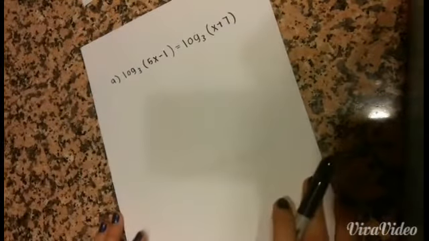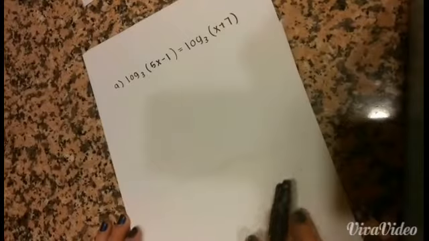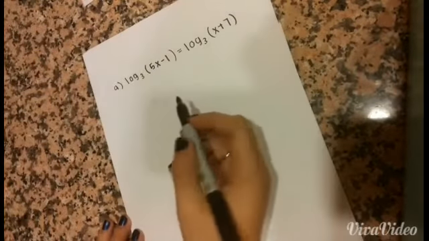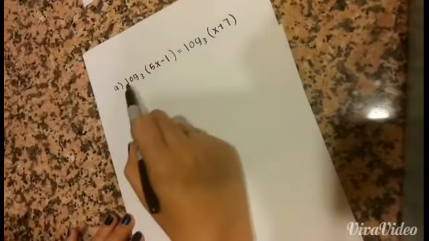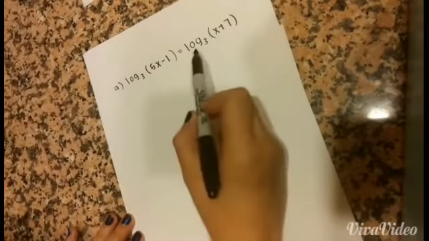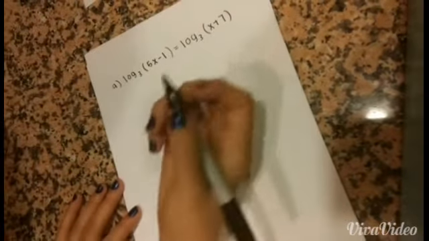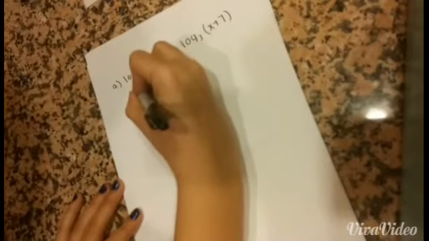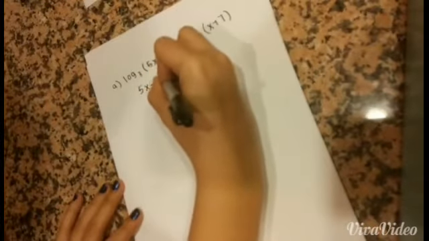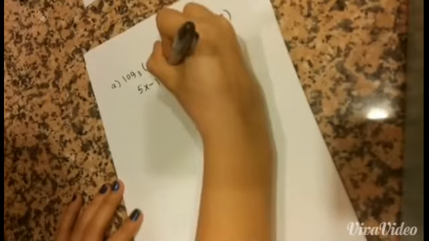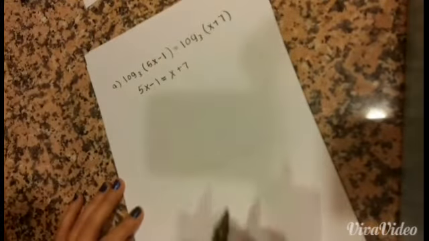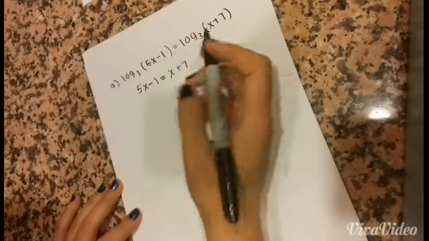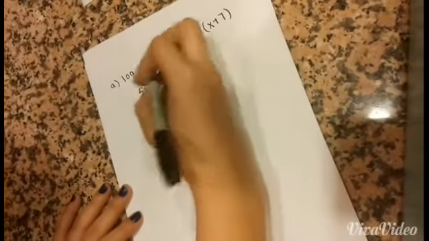First, you're going to use the one-to-one property, which allows you to get rid of log base 3 on both sides because it's on both sides. So you're going to be left with 5x minus 1 equals x plus 7. And after you get to this point, it's basically just solving the equation.